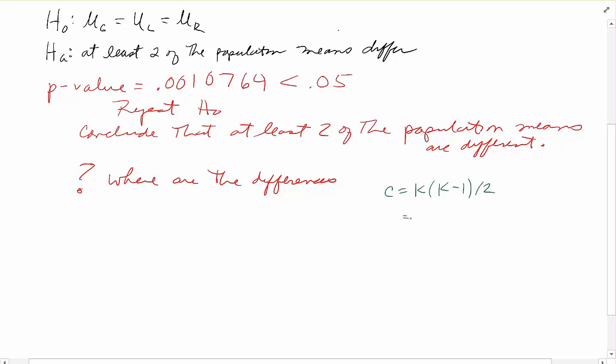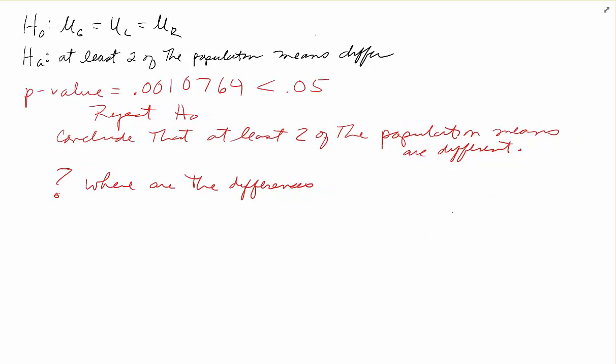For us, K is equal to 3, so 3 times 3 minus 1 divided by 2 is equal to 3. We have 3 pairwise comparisons, and to run tests on those, we're going to use confidence intervals.